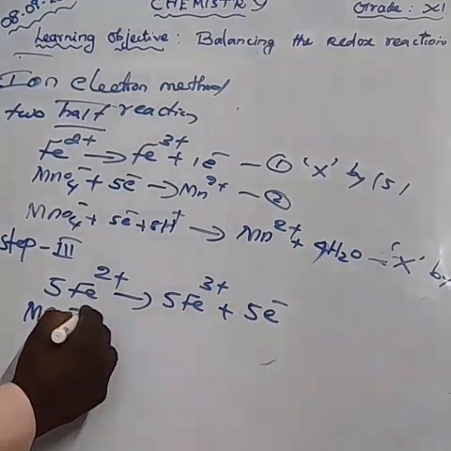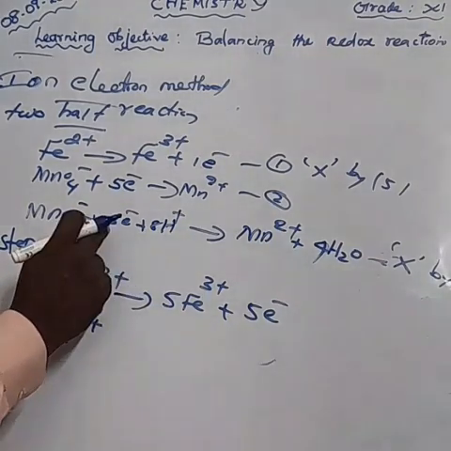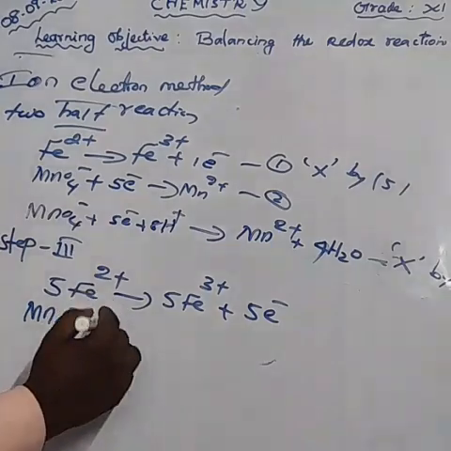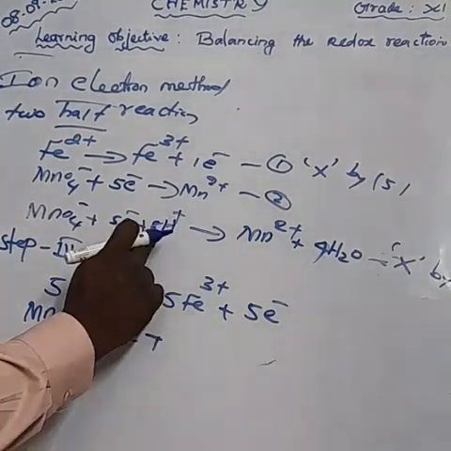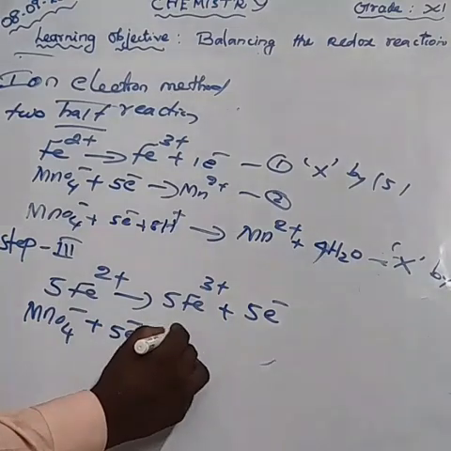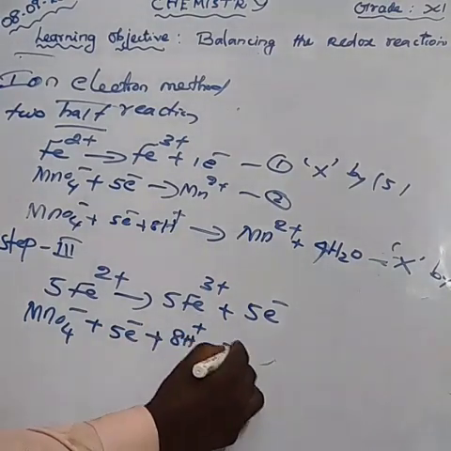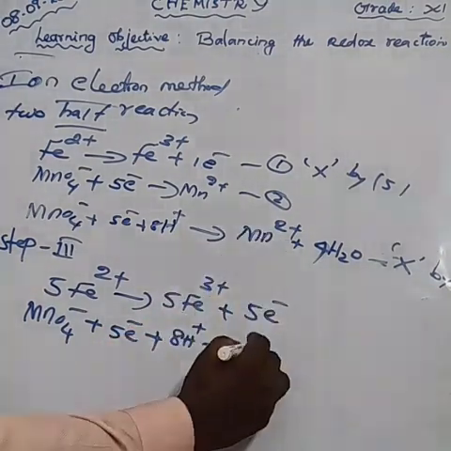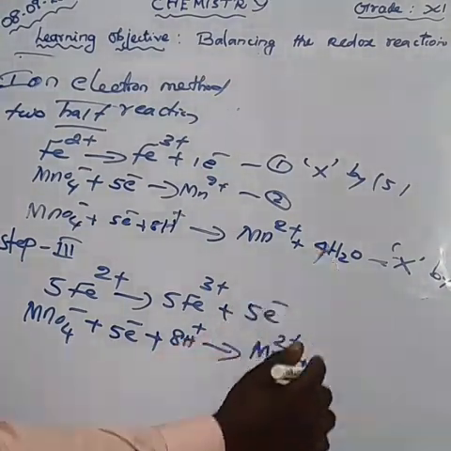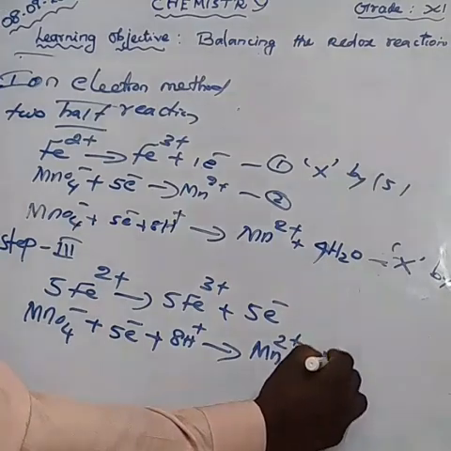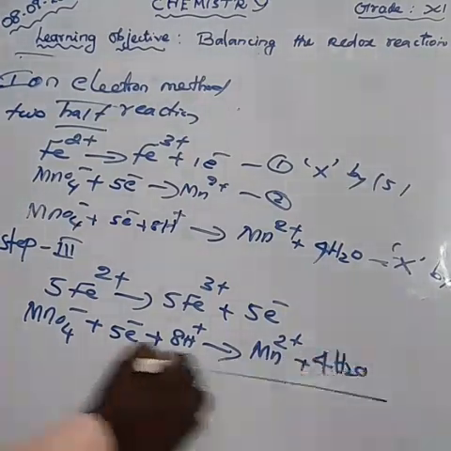MnO4- plus 5 electrons, 1 into 5 is equal to 5 electrons, plus 8 H+ gives Mn2+, and 4 into 1 is equal to 4 H2O.